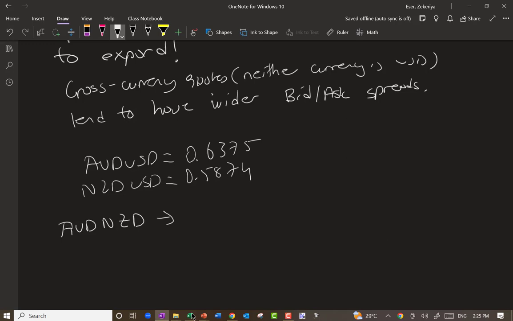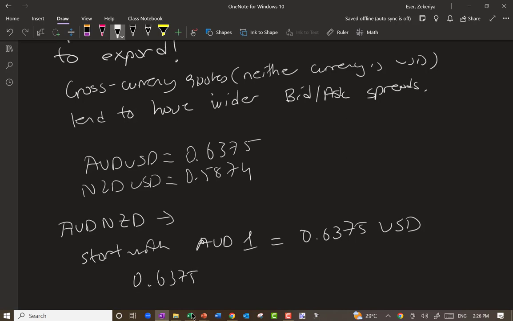So start with Australian dollar 1. Assume there is no active market between the two. So that's equal to USD, right? Now I have 0.6375 USD.